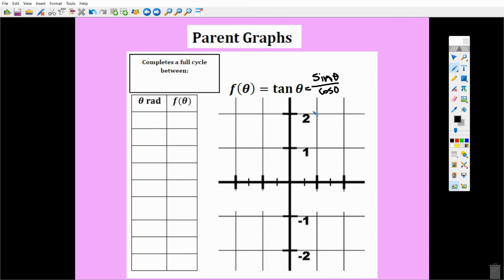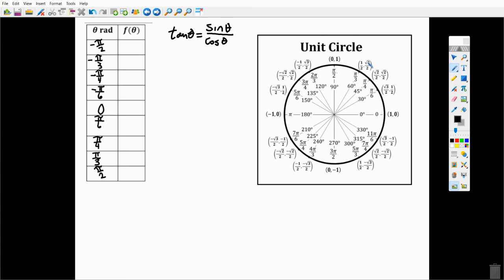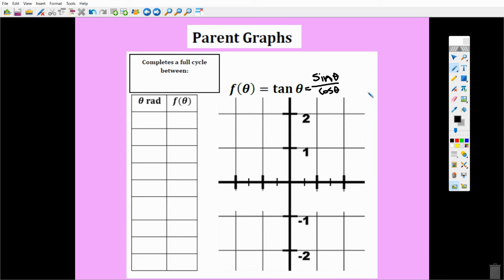That's going to be important because in our unit circle, which I have in the next slide here, you're going to notice that these values are just x and y, cosine, sine, cosine, sine. Where the heck is tangent? Well, tangent is equivalent to sine over cosine.